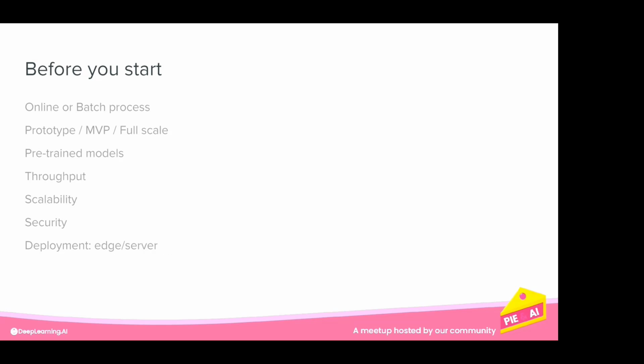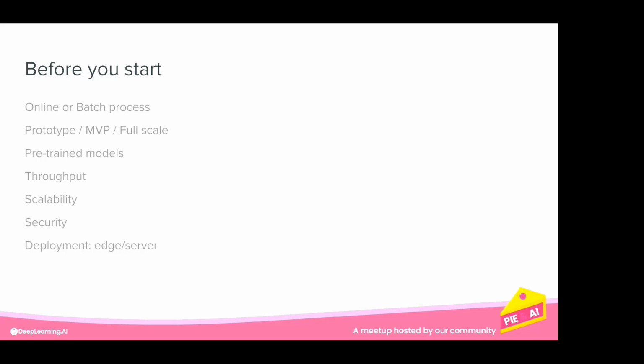Before you start your project, you're going to ask yourself what kind of app it is and what the nature of the app is. Is it an online app, which means you get a request and a response? Or is it a batch process? You have some documents in a folder, run the NLP and machine learning process, and then get the result as a batch.